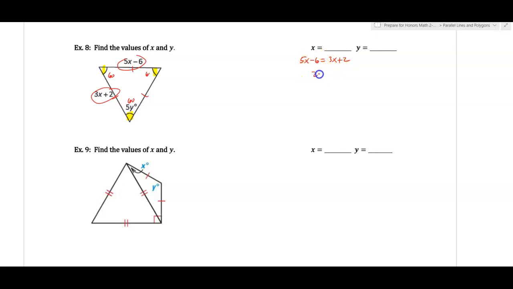So subtract 3x, I get 2x. Add 6, I get equals 8. Divide by 2, x is equal to 4. To find y, I know 5y has to equal 60. Divide by 5, y is equal to 12.